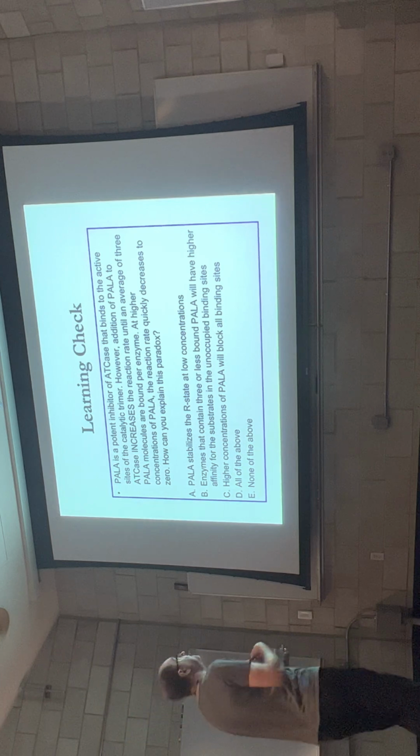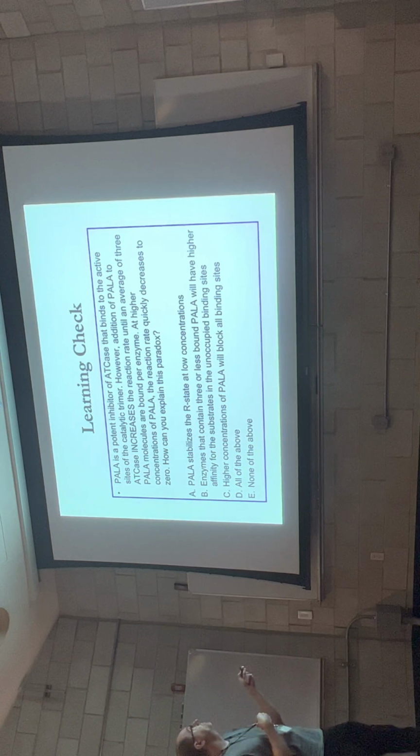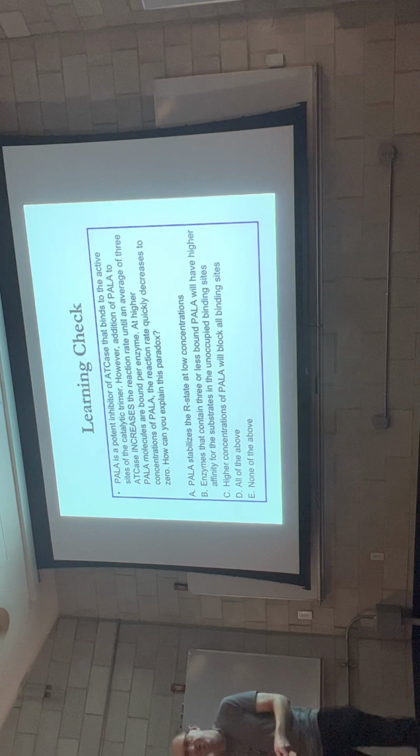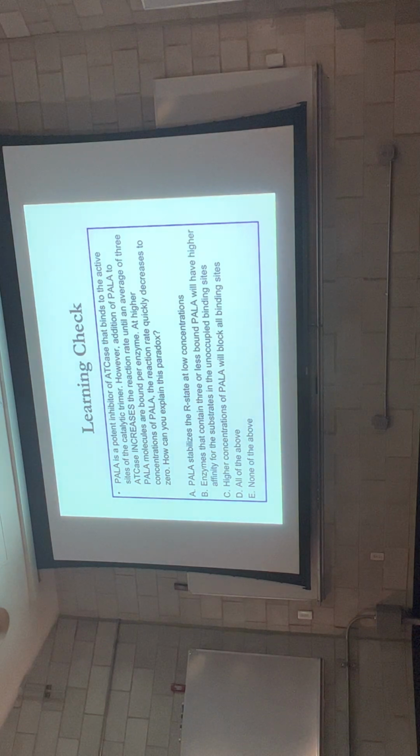Basically, it's a question that talks about PALA, and we know what it is. It's a potent inhibitor of ATCase that binds to the active site and induces the R state conformation.